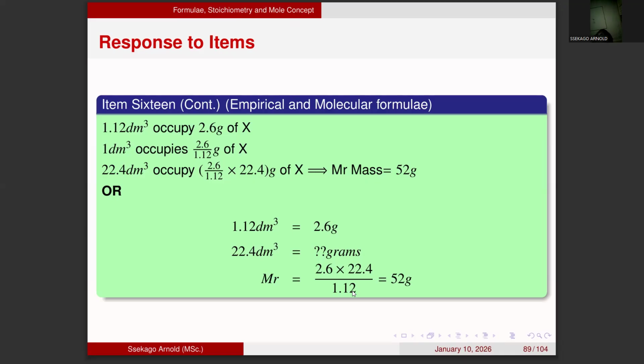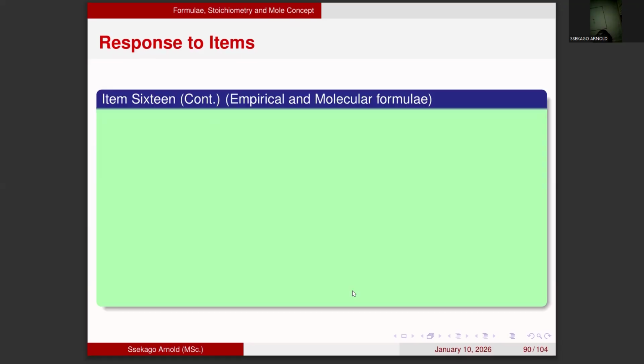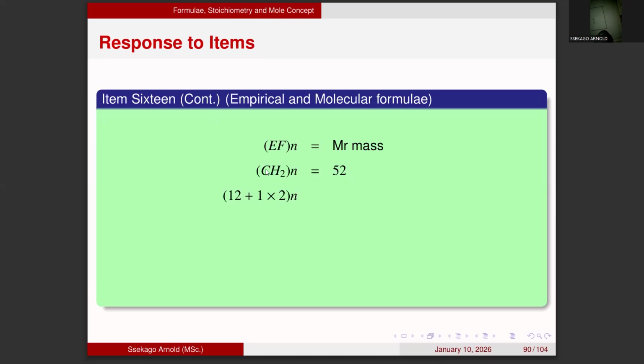Then I can compute the molecular formula. We have empirical formula times n equals molecular mass. I substitute the empirical formula and the molecular mass, which is 52. Carbon is 12 and it is 1, then plus hydrogens, there are 2 of them, each being 1.